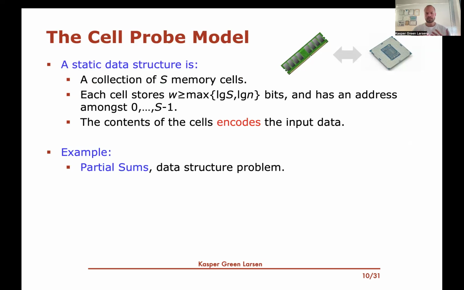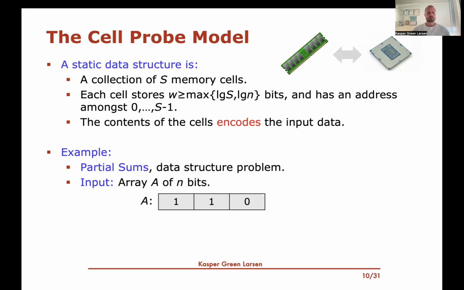Let's look at a concrete data structure problem called the partial sums problem. The input to the partial sums problem is an array A storing bits. Here's an array with bits 1, 1, and 0.